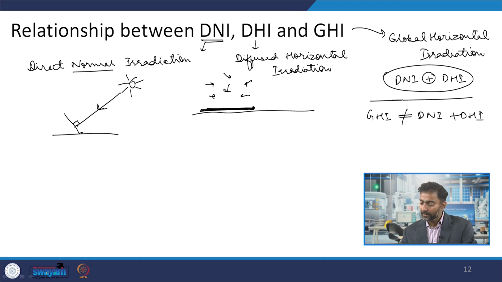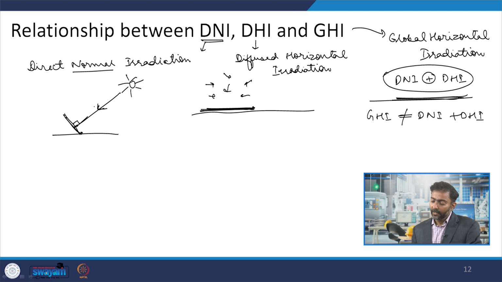Global radiation again we are measuring on a horizontal surface. On the other hand, the DNI I am measuring on a surface which is perpendicular to the direction of the beam component of radiation. So, they are not defined on the same reference plane, that is why we cannot directly add them, but we can very simply derive the relationship between DNI, DHI and GHI.